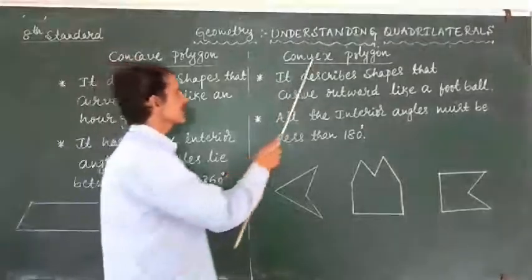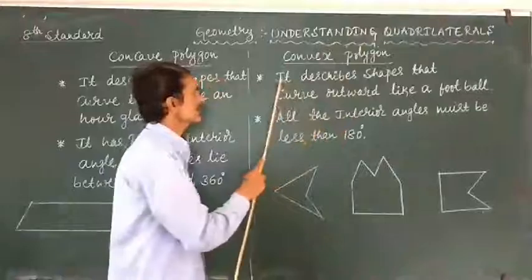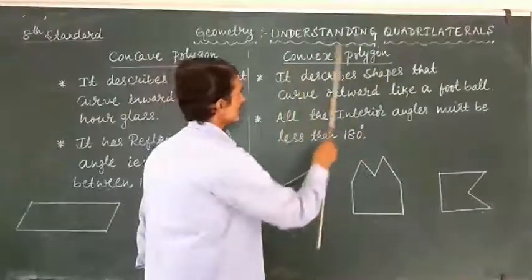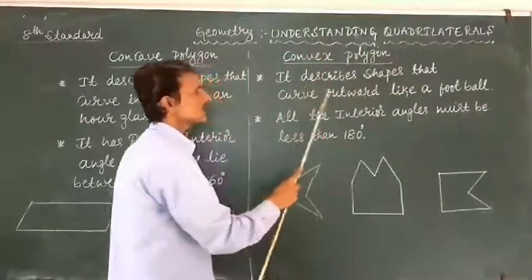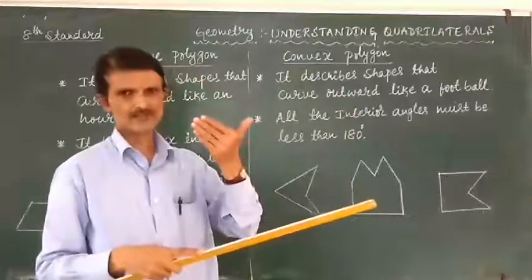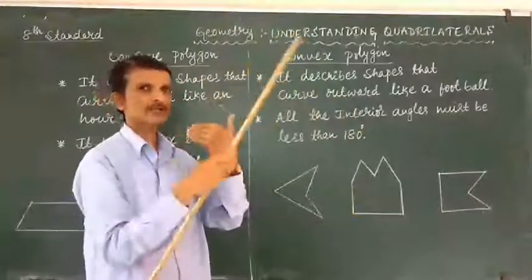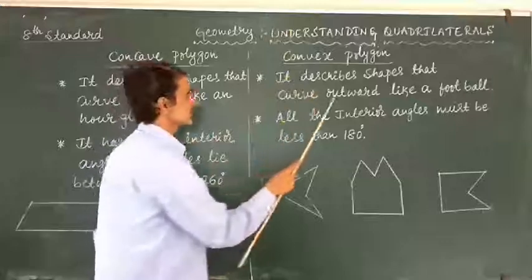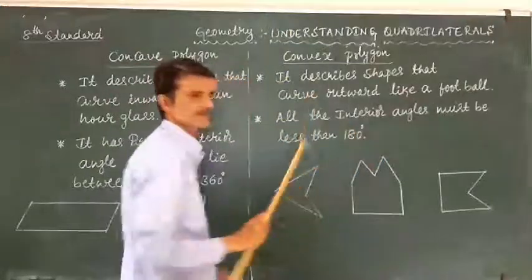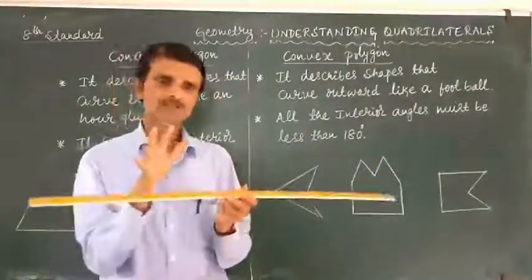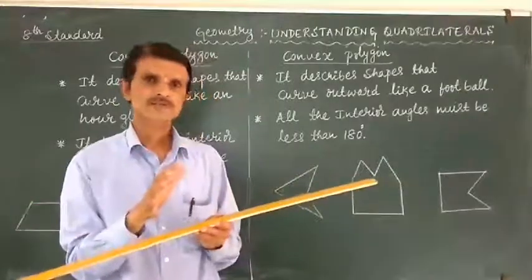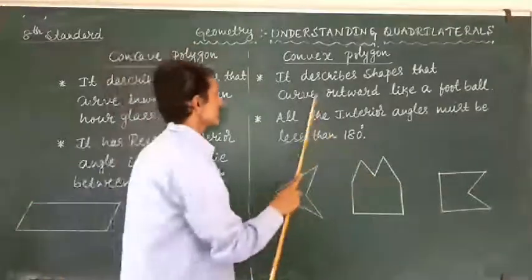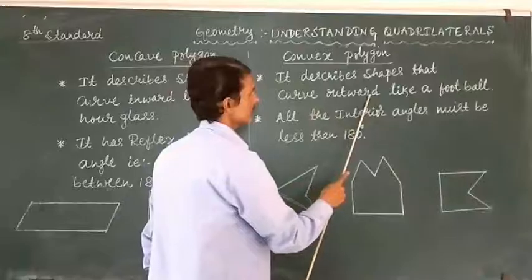Coming to the convex polygon, here the shape curves outward, like a football. Have you felt a football? The curve will be outward.